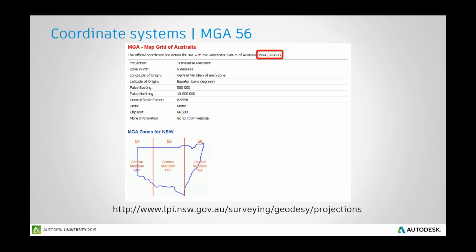So a bit of background to anybody who might be new to this. Maybe there's some architects on the call who aren't familiar with the Map Grid of Australia. This is the one that I'll be working with today for the more detailed Revit Infraworks 360 workflow. I'll be working with the GDA 94, the Map Grid of Australia. This is the geocentric datum for Australia.